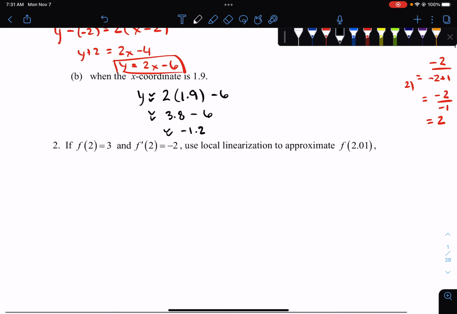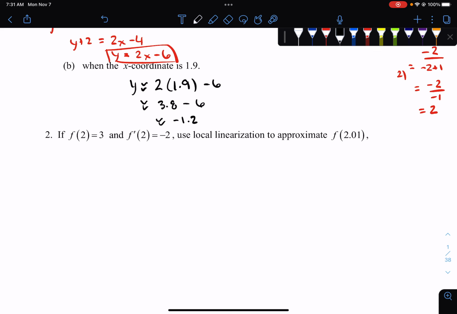All right. So number 2 is the same thing, except I don't have to do the derivative because it gives me information. It tells me that f of 2 is 3, just a point on some function, and the derivative at the point 2 is negative 2. Use local linearization to approximate f of 2.1. So there's my slope.